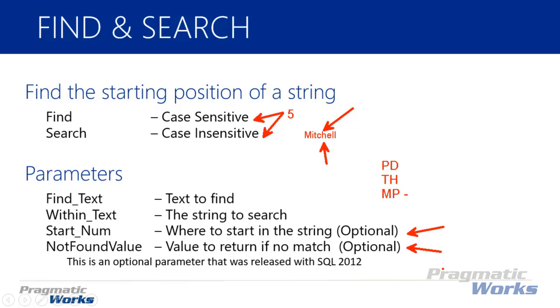But now, as of SQL Server 2012 and later, we have this 4th parameter, and we could say, okay, if you don't find the character that you're looking for, so if you don't find H, then go ahead and replace that with a 0 or with a 1, whatever it is, but we would replace it with a different value. Because if you don't replace it, if it doesn't find it, it will return an error and it will break your code. Okay, so those are your 2 optional parameters that you have for find and search.